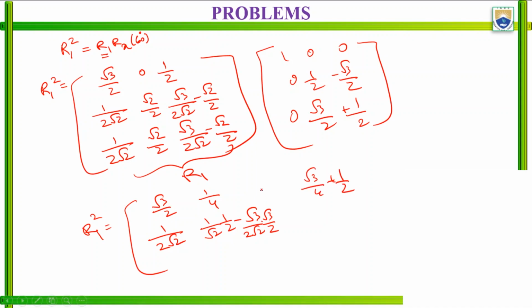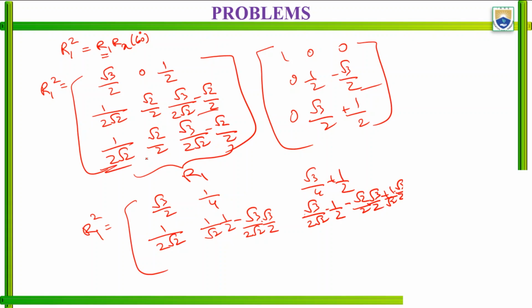What will we get for root 3 by 2 root 2 into 1 by 2, minus root 2 by 2 into root 3 by 2 plus 1 by root 2 into root 3 by 2?